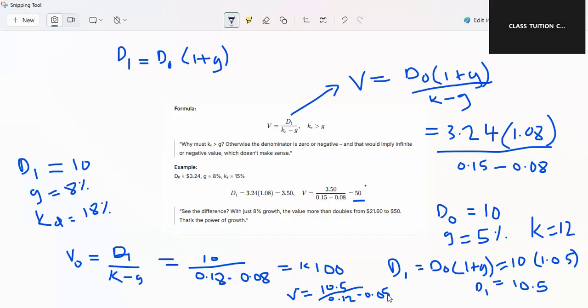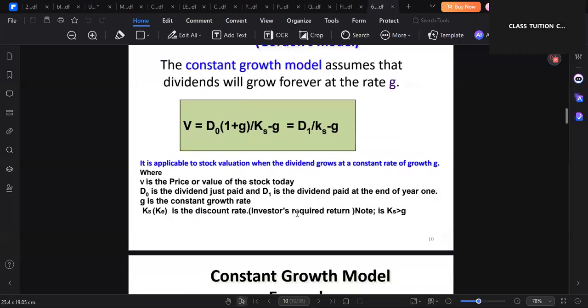We get 150. So this is the value of stock now. All right. So there's nothing really complicated here. I'm just taking it step by step, understanding how the valuation of these stocks can be done.